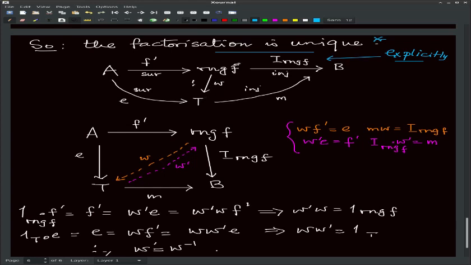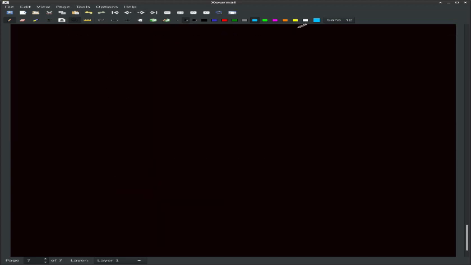T is not exactly the range, but T is something in bijective correspondence with it. Now let me illustrate this with an example, so that will make it clearer.